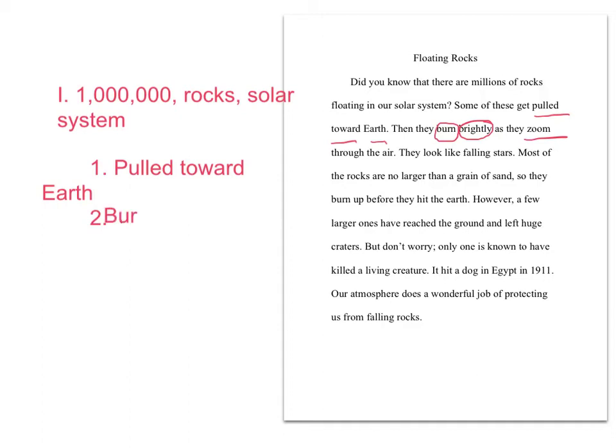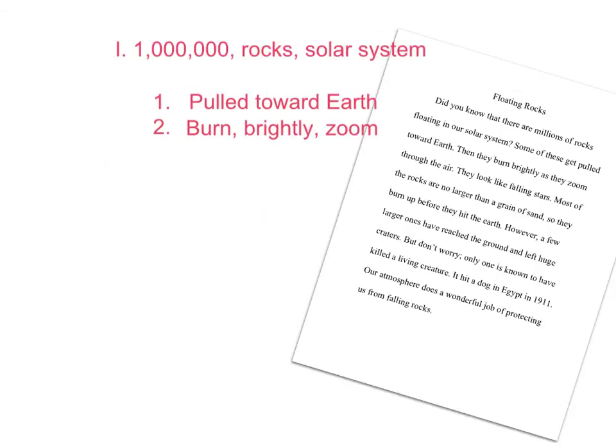Burn, brightly, and zoom. So now you can see you would just keep going through each sentence, creating another number with 3 words, symbols are free, for each sentence in your article.